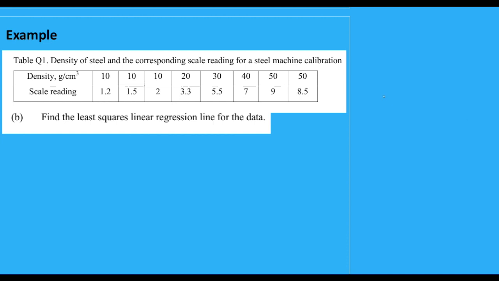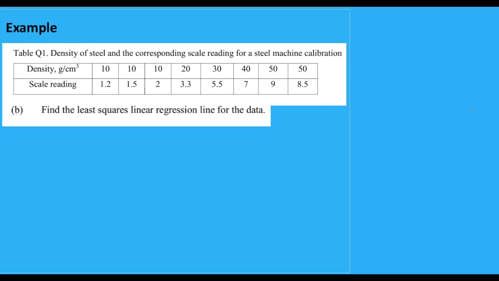So let's try out your past year final exam question, the continuation of the question. The question says, find the least squares linear regression line for the data. That means we need to calculate the values of b and a.